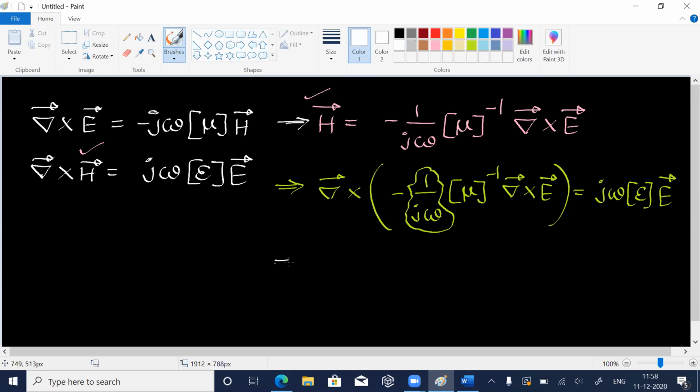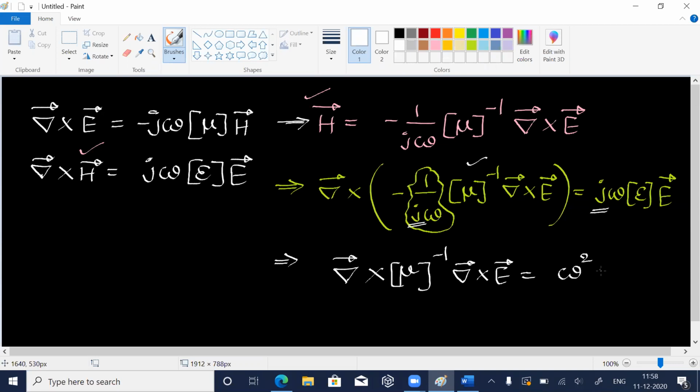So what do I do? Curl of mu inverse, curl of E is equal to j multiplied by j, which is minus 1. Minus multiplied by minus is positive, this minus minus will cancel out. So you get omega square epsilon E. Now you tell me, can I bring this mu inverse towards the right side?